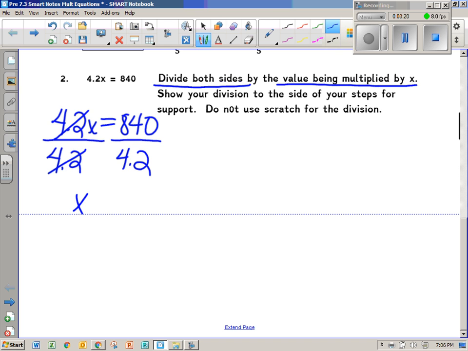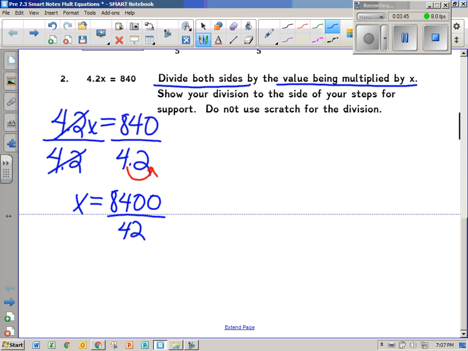That was my goal. Over here, remember when you divide by a decimal, the divisor has to be a whole number. So this divisor is going to have to change to 42. So really the division problem is, if that shifts over 1, you're going to have to shift it over 1 in your numerator.